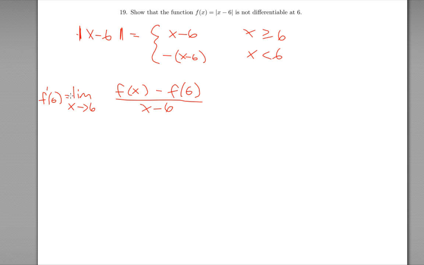In theory, this is the definition. Because we're looking at the derivative at 6, and we have two different kinds of functions when you get close to 6, we need to be really careful about this, and we need to take the limit as x goes to 6 from the left and from the right.